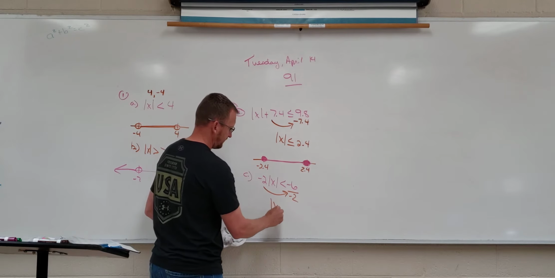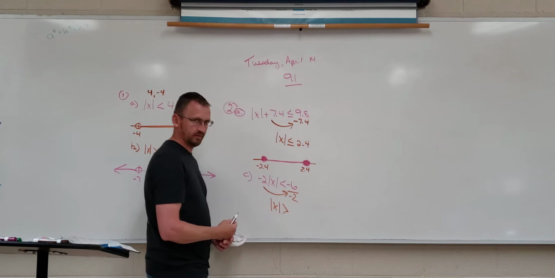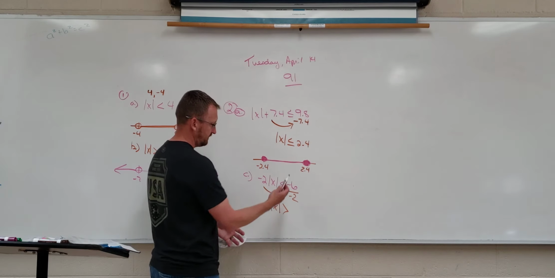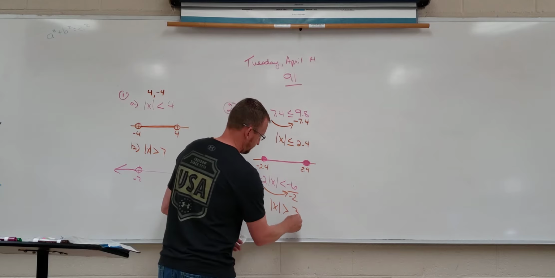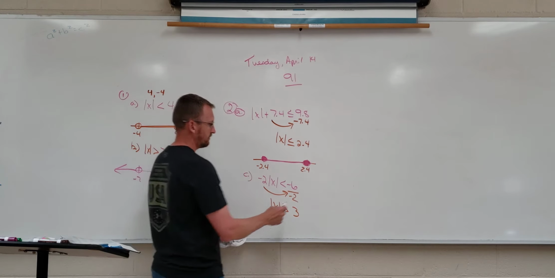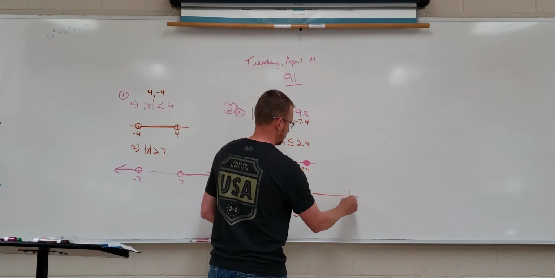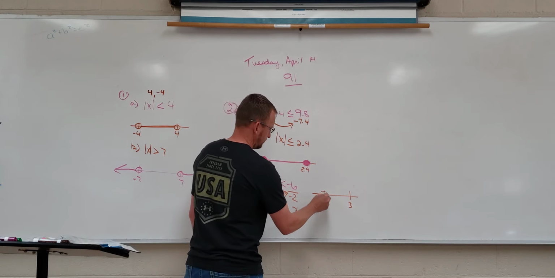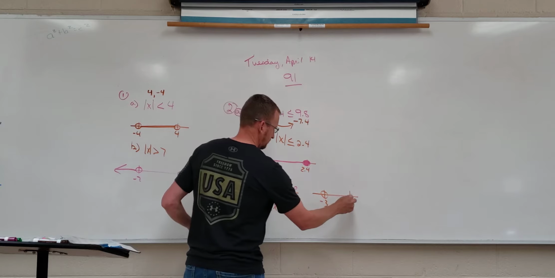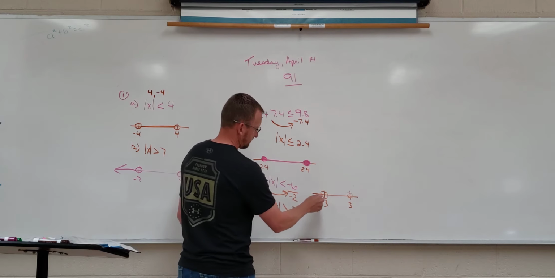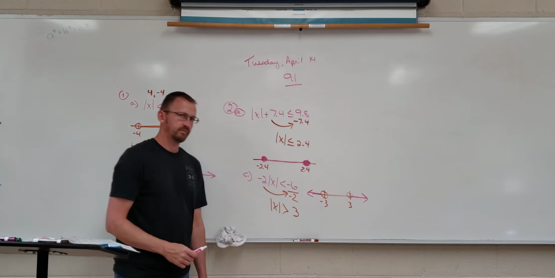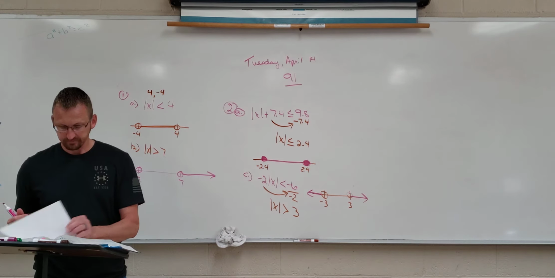So we now have the absolute value of x is greater than 6 divided by 2, 3. Negative divided by negative is a positive. So x is greater than 3. So we have positive 3 and negative 3. Greater than means we split. And you grabbed it.